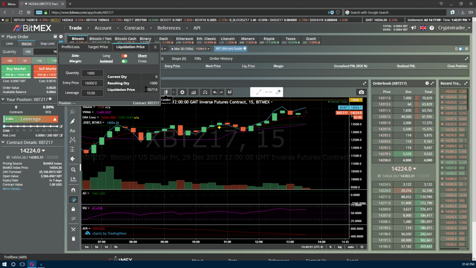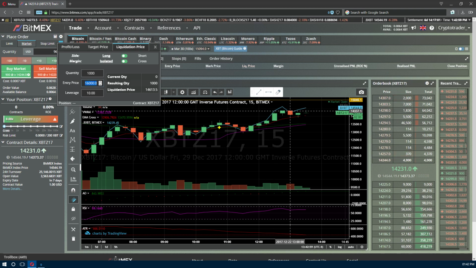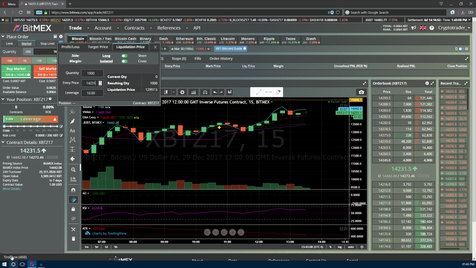So if I went long right now, with Bitcoin at 14,231, the liquidation price, if it went against me, would be 12,900. So that's a long ways down on 10 times leverage.